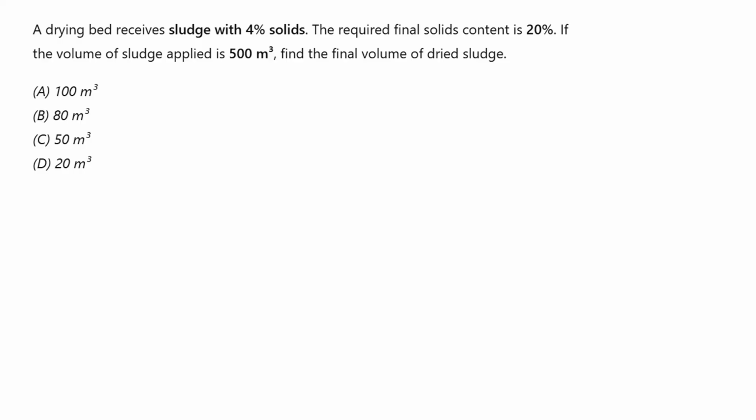Okay, so we have the formula V1 C1 equal to V2 C2, right? In this, we know V1 as 500 meter cube, and the concentration is 4%. We don't know V2. The final concentration is 20%.